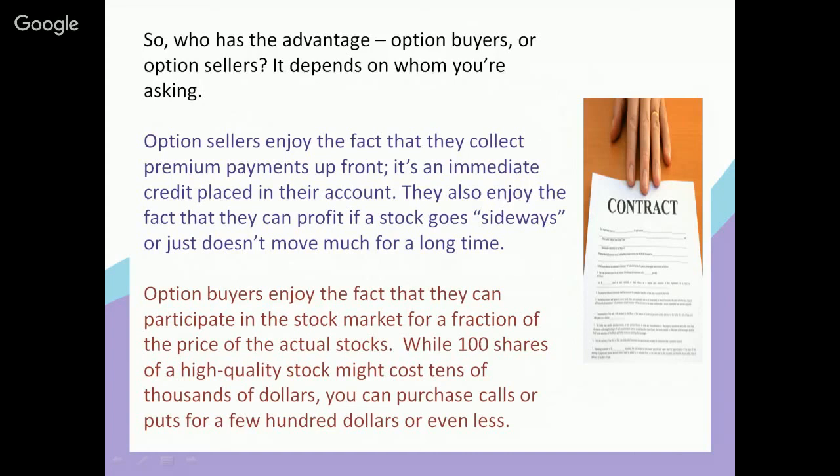They also enjoy the fact that they can profit if a stock goes sideways or just doesn't move much for a long time. So if they sell an option contract to somebody and the stock just kind of goes nowhere, stays at the same price until the expiration date, then they can make a nice profit.